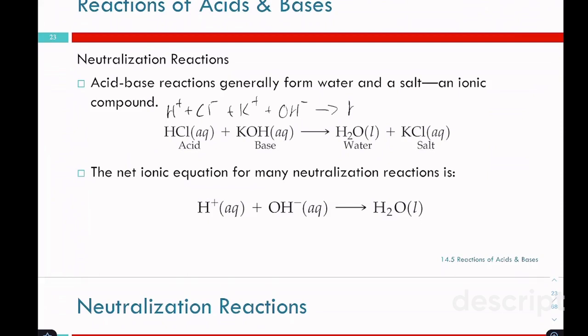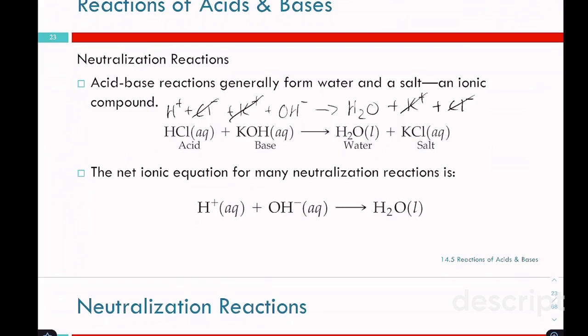All right, and then they become H2O plus KCl. So that would be a complete ionic equation, and then you cancel out all the stuff that stays the same. So the only thing left over is proton, hydroxide, and the water.